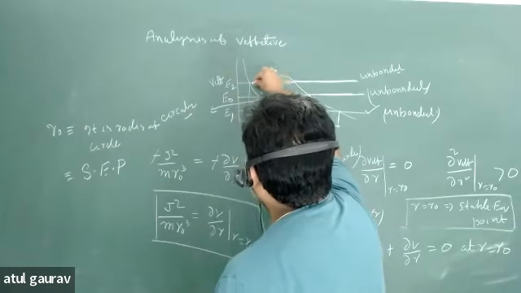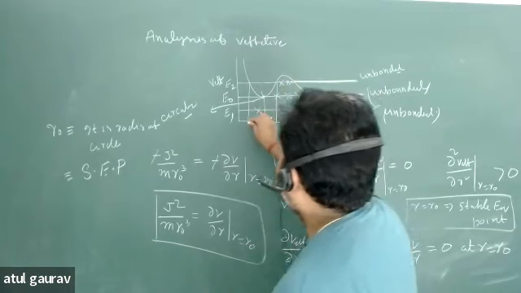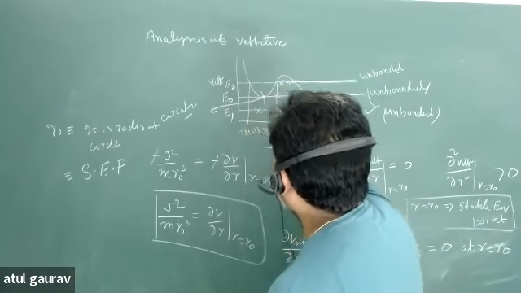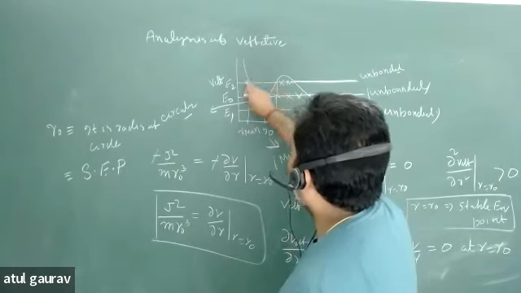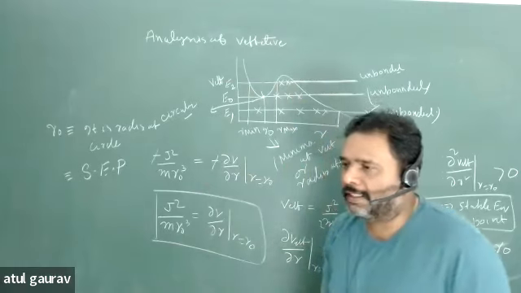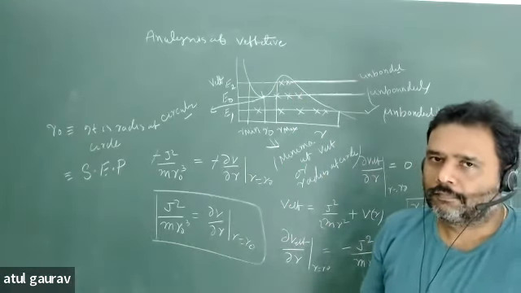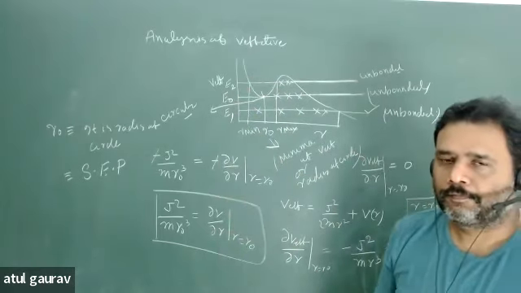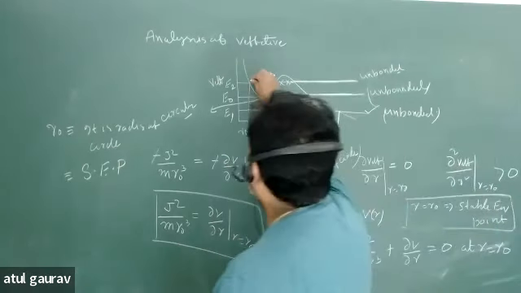This is your classically allowed region. This can be written as R minimum and this as R maximum, and R varies between R minimum and R maximum, isn't it? So is this orbit bounded or unbounded? Bounded orbit.